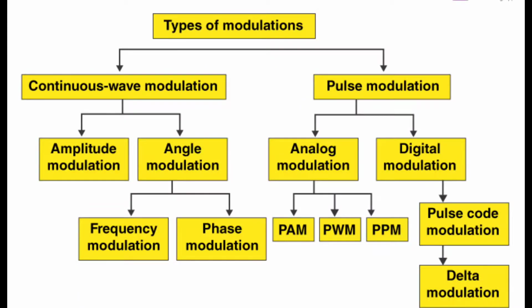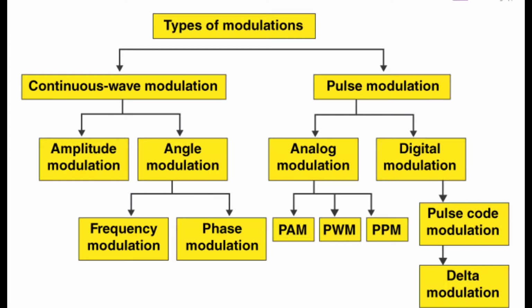What are the types of modulation techniques? The basic block diagram of types of modulation techniques is: continuous wave modulation and pulse modulation, analog modulation and digital modulation. Analog modulation is again classified into PAM, PWM and PPM: pulse amplitude modulation, pulse width modulation, pulse position modulation.